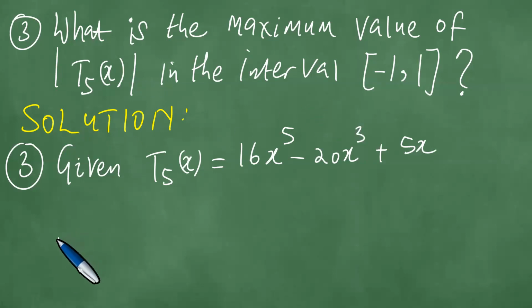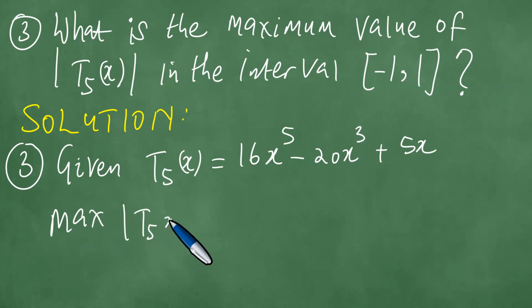What is the maximum value of these? So we're interested in the maximum value of the modulus of T sub 5 of x. The maximum value is in this interval.